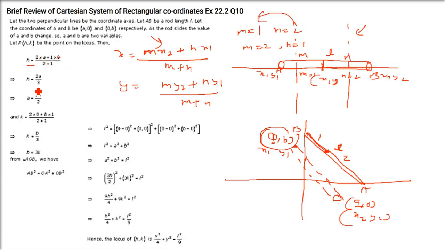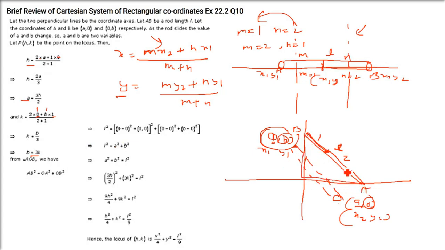So you get (2 into a plus 1 into 0) by (2 plus 1). You will get h as 2a by 3. So a will be 3h by 2. Now for k, (2 into 0 plus b into 1) by (2 plus 1). We have 0 and b now, and m and n as 2 and 1. So here b will come as 3k.